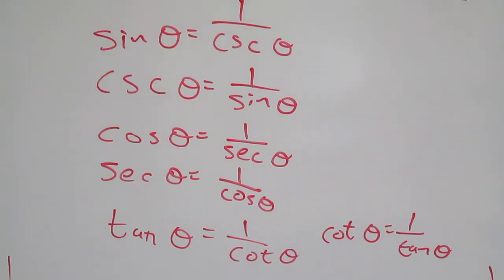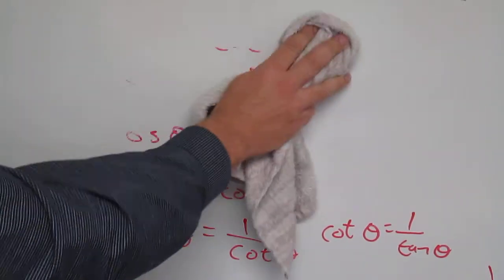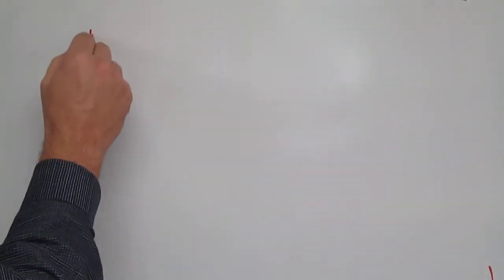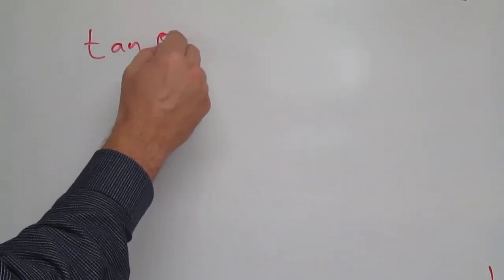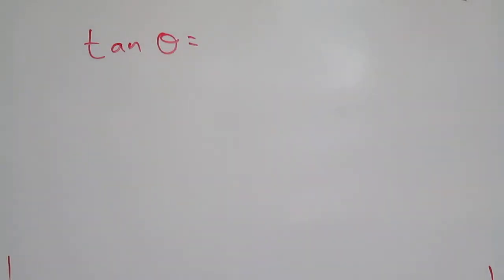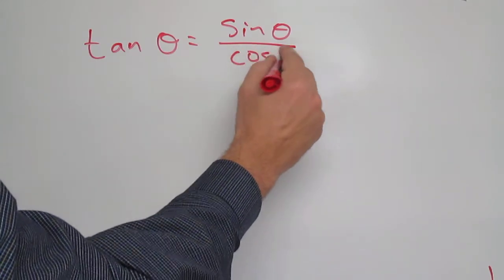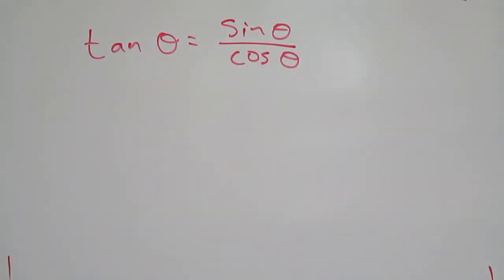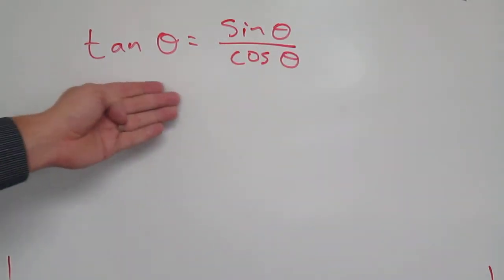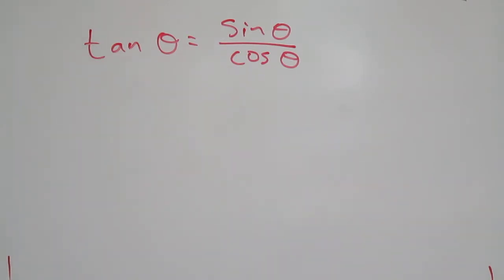Now in your book, in the same green box, they go over the quotient identities, and I've mentioned this in class. These are important because when I think of tangent of theta, I don't even think of opposite over adjacent anymore. I think of tangent of theta as the sine of theta over the cosine of theta. This is called a quotient identity because it's representing tangent as a quotient of 2 of the other functions.